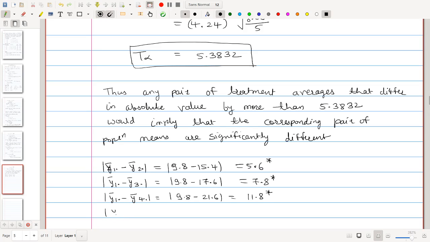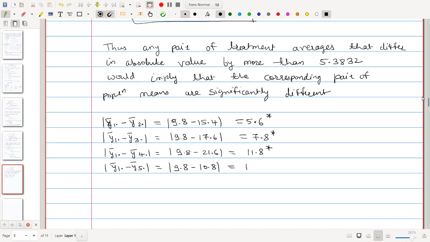Next one, y bar 1 dot minus y bar 5 dot. Y bar 1 dot is 9.8 minus y bar 5 dot is 10.8. So the absolute difference is 1. So this 1 is less than 5.3832. So I have not given a star, which means in this case y1 is the same as y5, mu1 is the same as mu5.